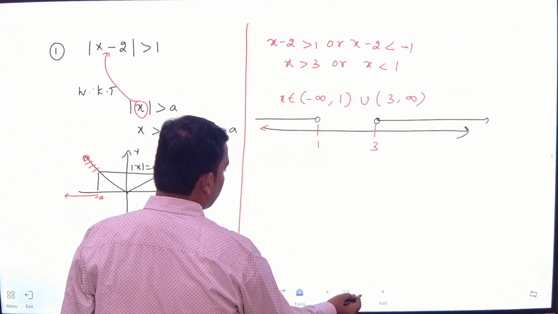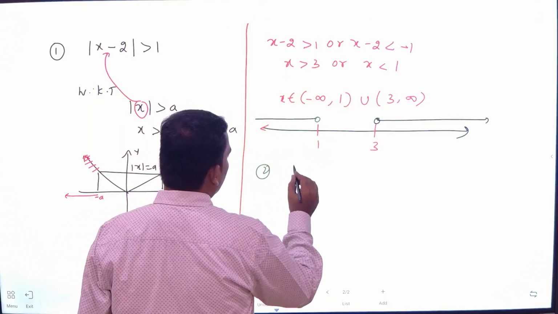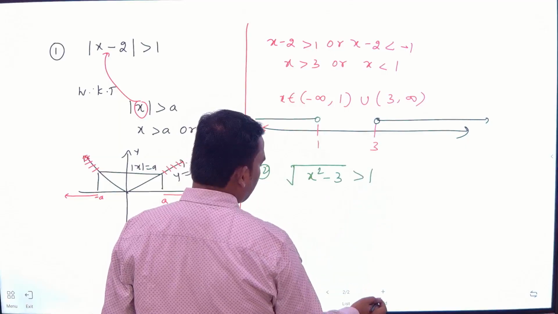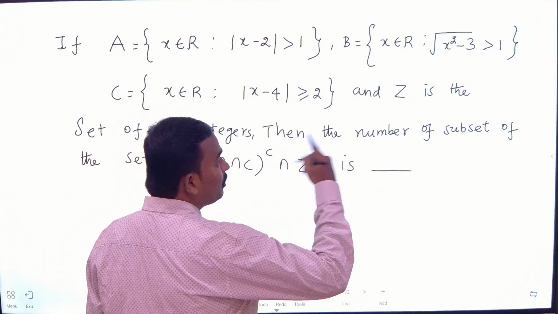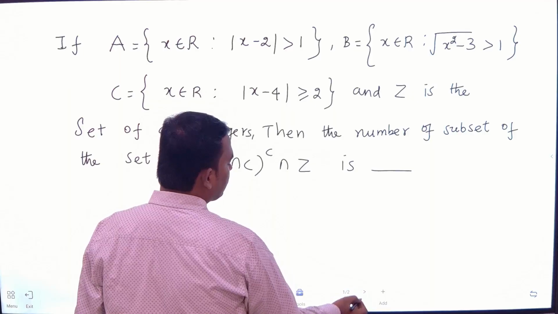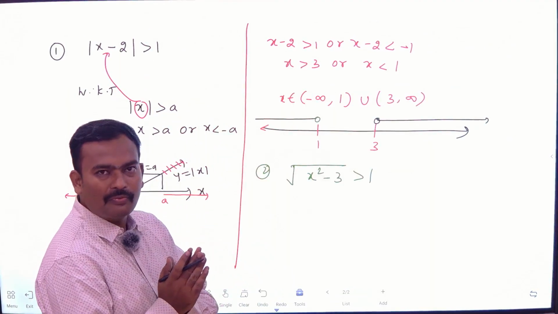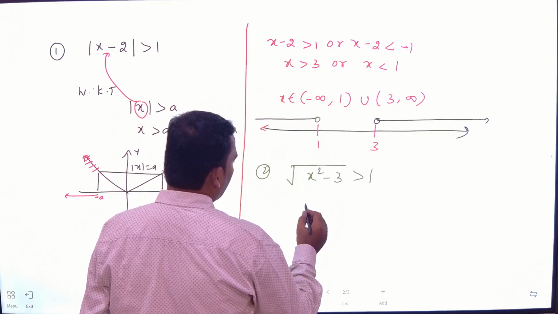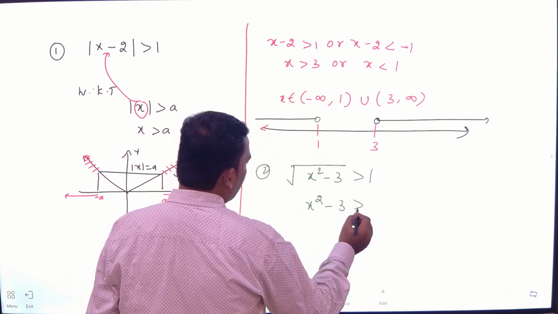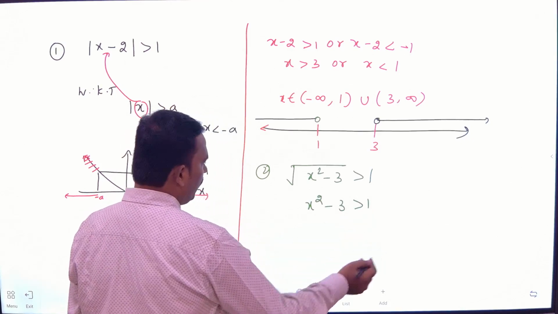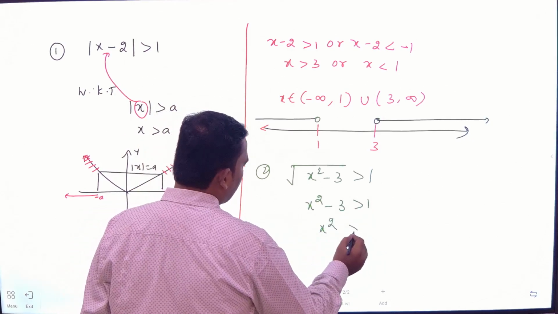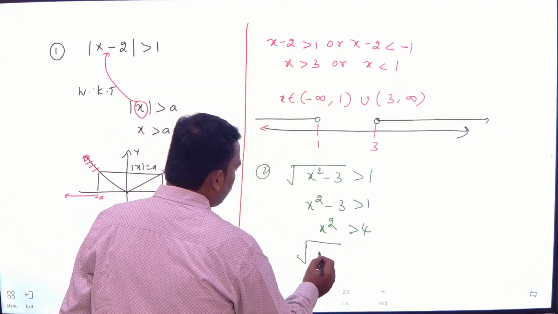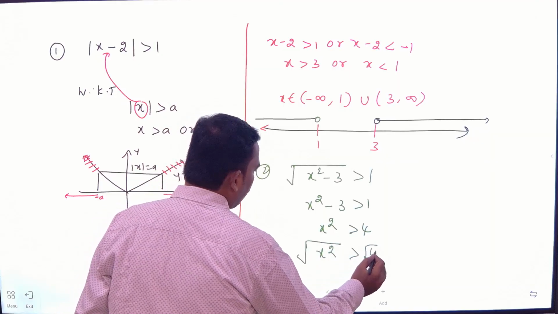First you need to find the x value, so square both sides: x square minus 3 is greater than 1. Add 3 on both sides: x square is greater than 4. Take the square root on both sides: square root of x square is greater than square root of 4.